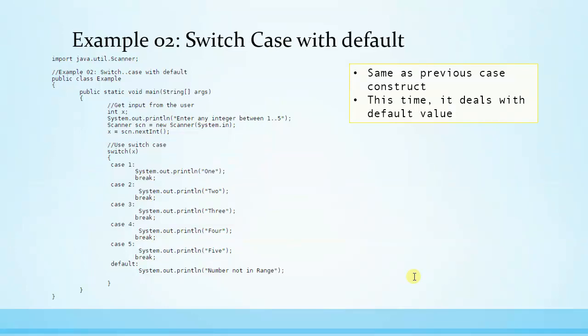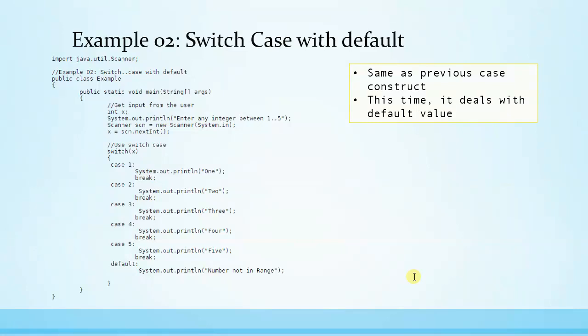Here we are asking the user to enter a number between 1 to 5. Like the previous example, we are using the scanner class from the java.util namespace. Then we are reading the integer from the user.